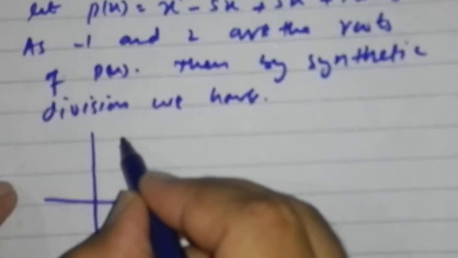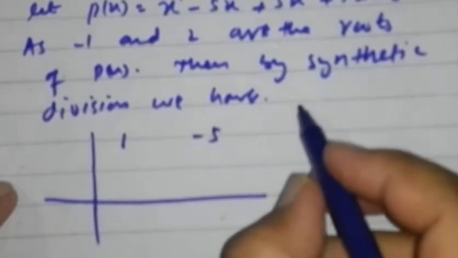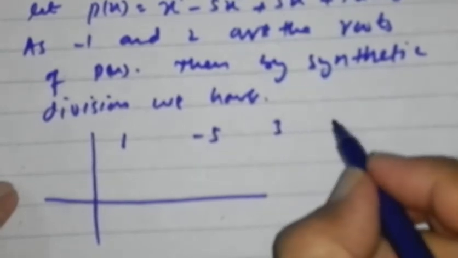we have, draw two mutually perpendicular lines, write the coefficient of x power 4 is 1, x cube is minus 5, x square is 3, x is 7, and the constant term is minus 2.